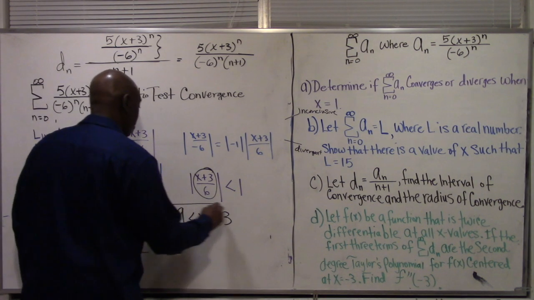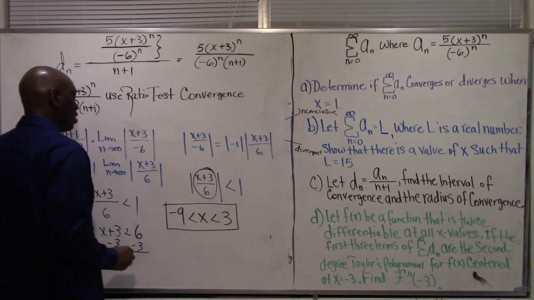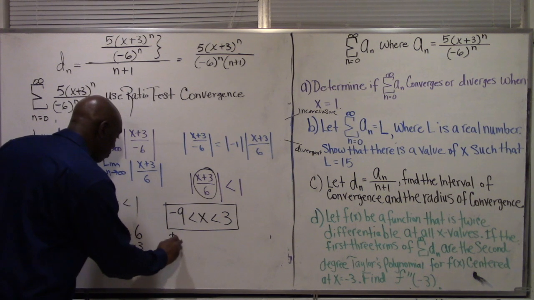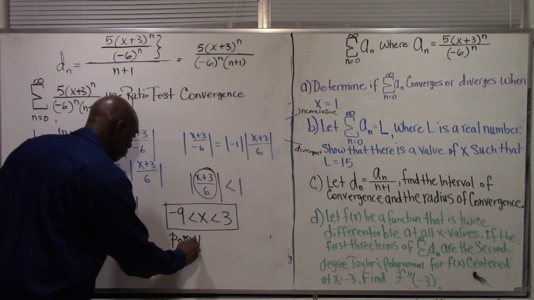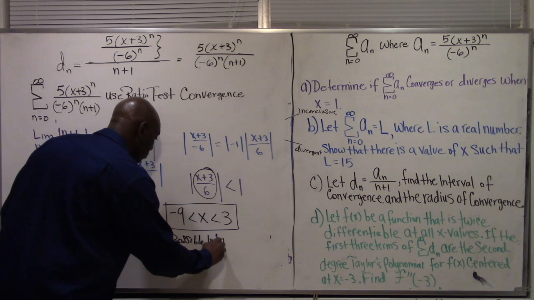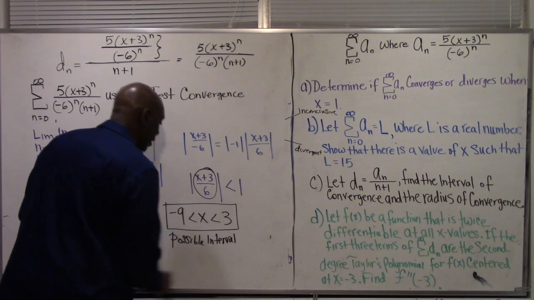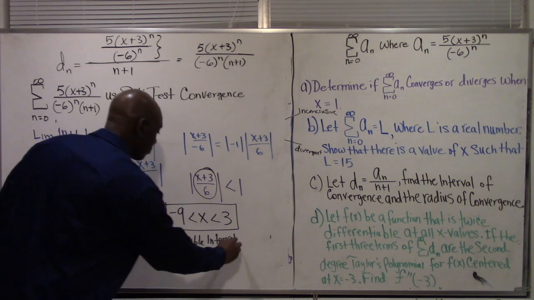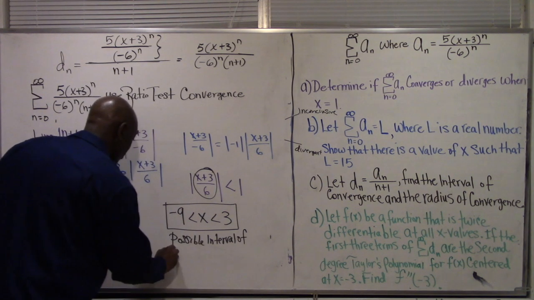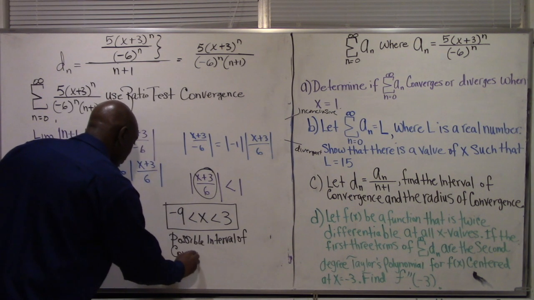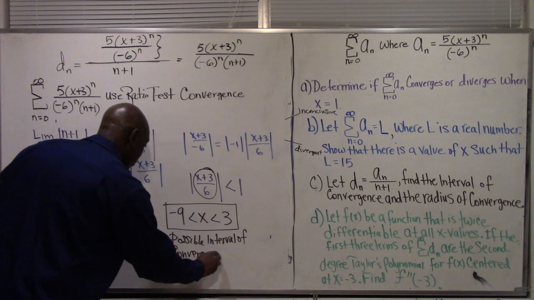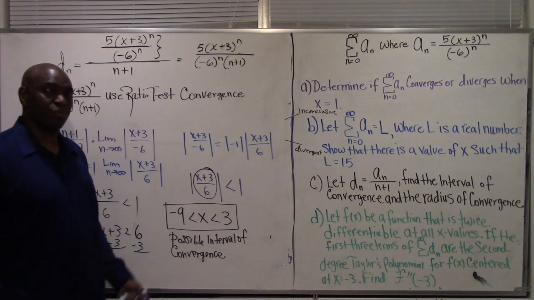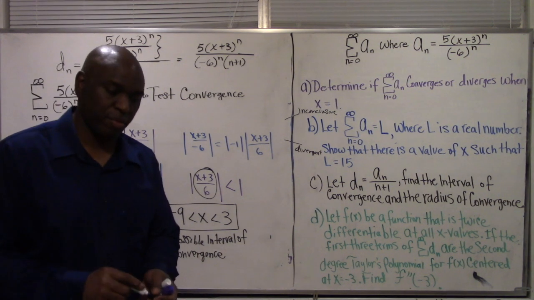This right here is what we call a possible interval of convergence. It's not the actual interval of convergence, it's the possible interval of convergence.